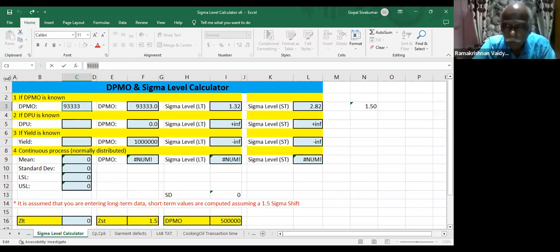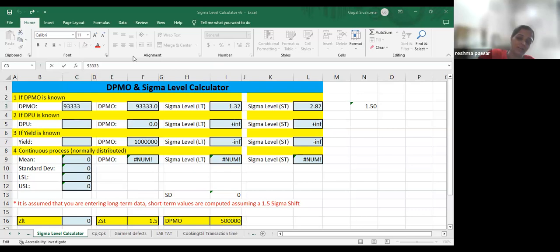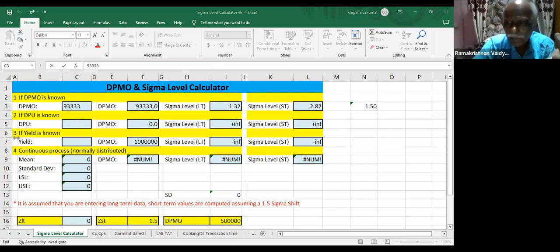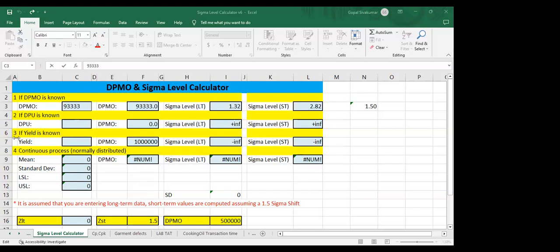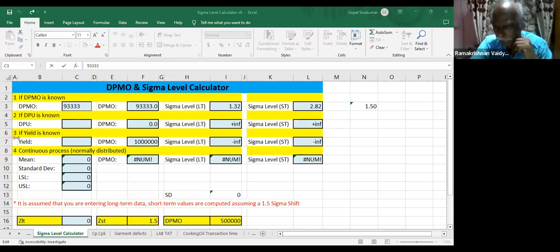So how many mistakes have you made? Sampling error, wrong CTQs, and sample size. The sample size is also wrong. Okay, 3 mistakes. The sample should not be you.